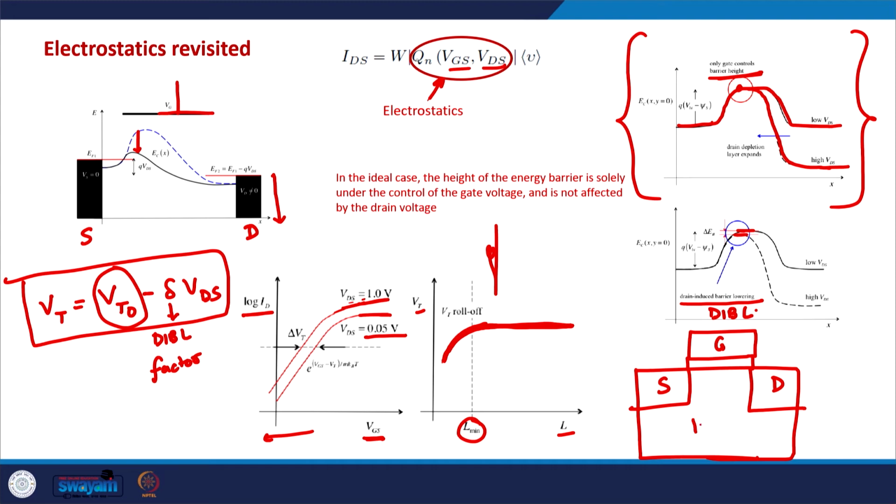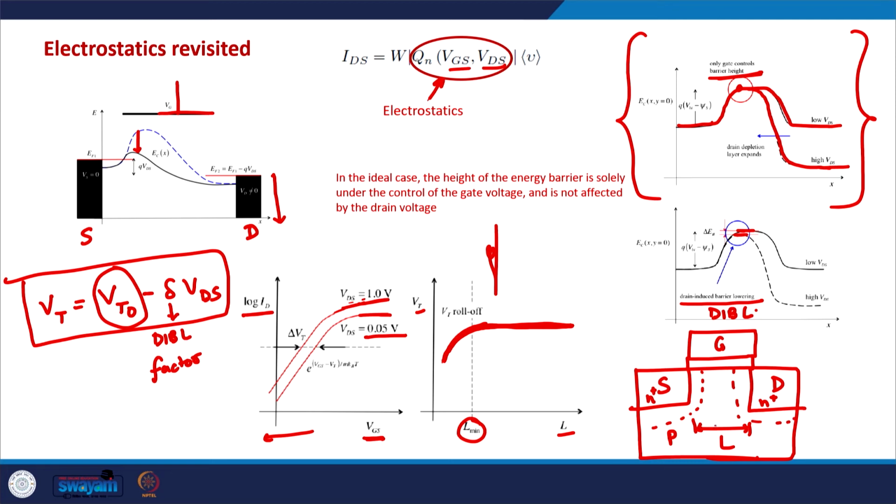If this channel length is shrinking, the source and the drain are coming closer to each other, and since the source is N plus type, the semiconductor is P type, and the drain is also N plus type, there is a depletion region, because this is a PN junction, and there would be a depletion region around the source and the drain junctions.